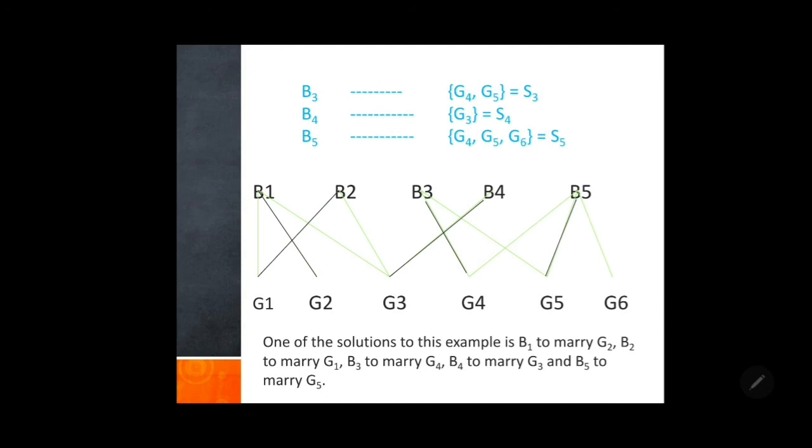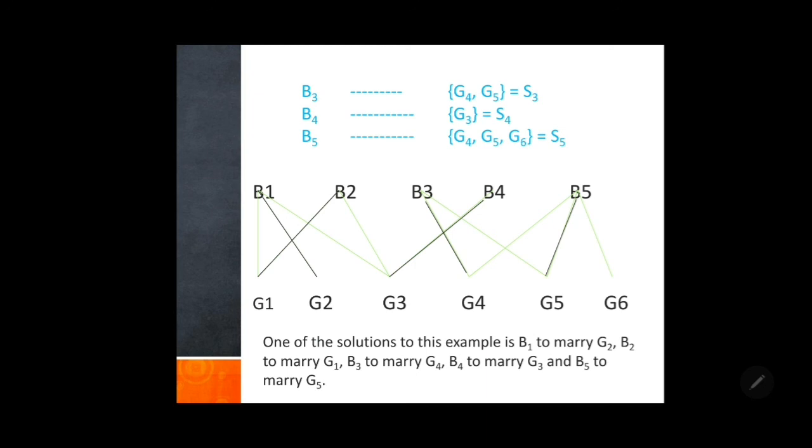B1 has G1, G2, G3 as girlfriends. B2 has G1 and G3 as girlfriends. The girlfriends of B3 are G4 and G5, B4 is connected only to G3, and B5 has G4, G5 and G6 as friends.